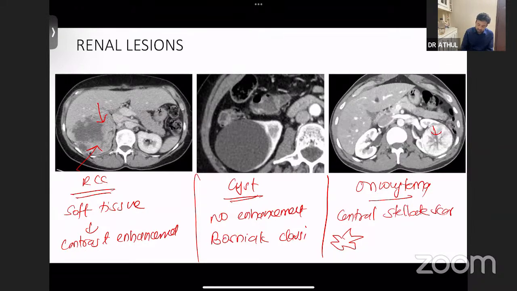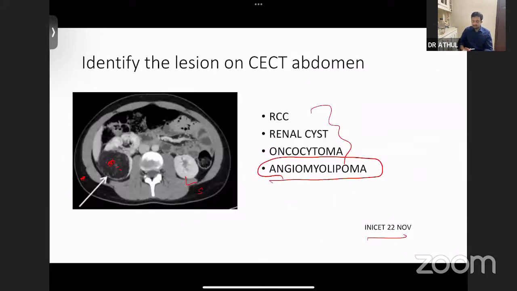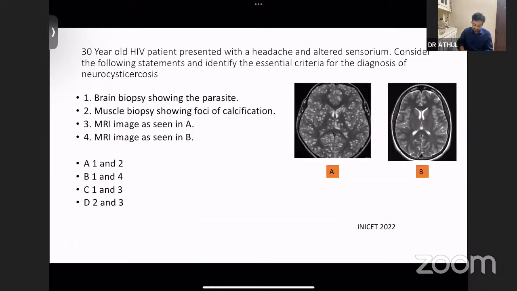It is usually seen associated with syndromes like Birt-Hogg-Dube syndrome, so oncocytoma can show some syndromic association. Renal lesions are very important. Cyst will be very clear, no enhancement, just a fluid-filled cavity. Then oncocytoma with a central stellate scar, an enhancing renal mass lesion, as well as angiomyolipoma.